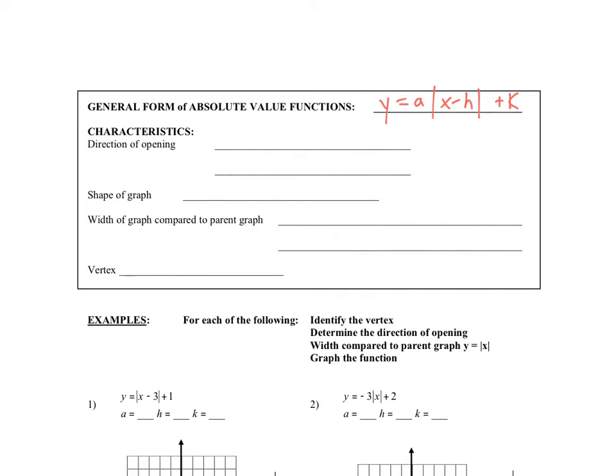Okay, and the characteristics. If the number in front, or the a value, is greater than 0, then it opens up. So if it's positive, it opens up. If that value is less than 0, it opens down. Okay, so I'll give you a second to look at that. If I go back up, you're going to see what I mean.